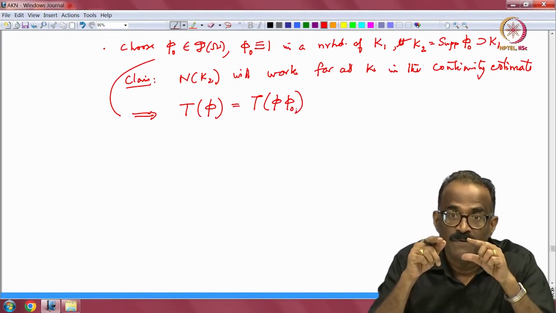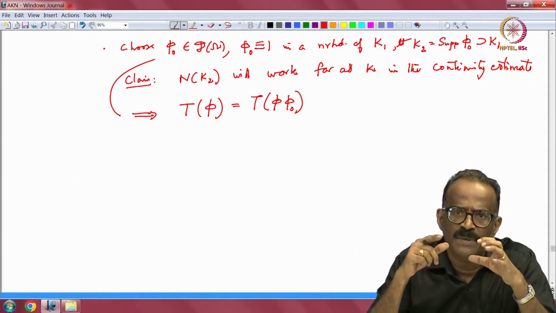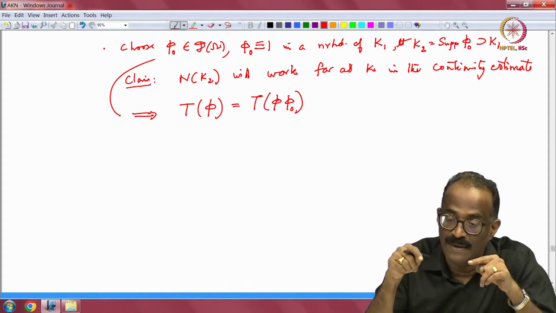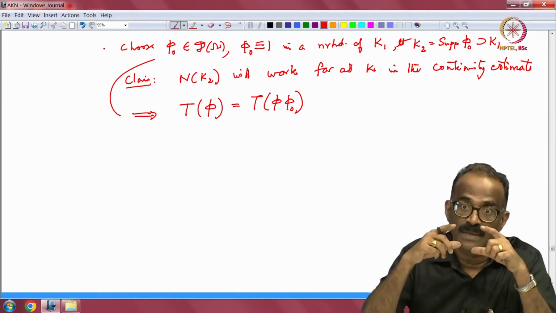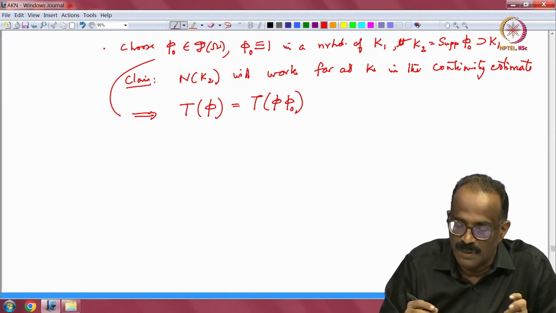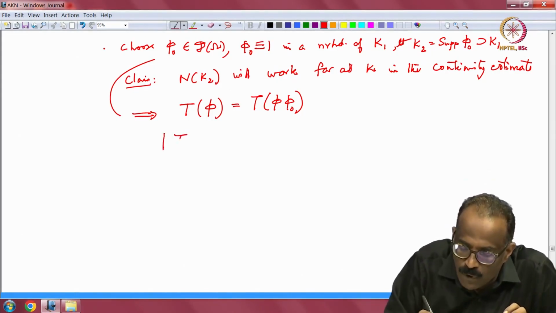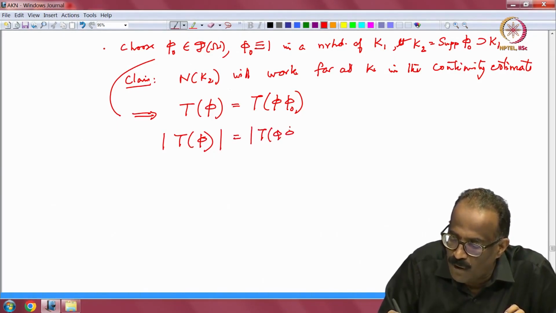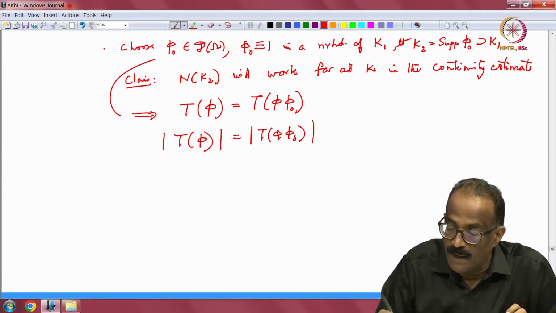Because phi naught is 1 on the support, it depends only on the support of T, because K is in K1, and K1 is the support of T.